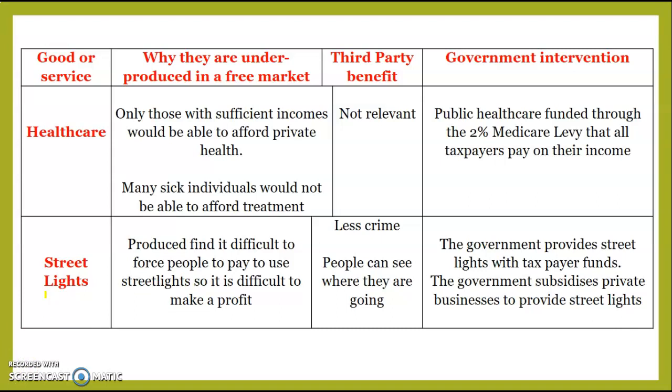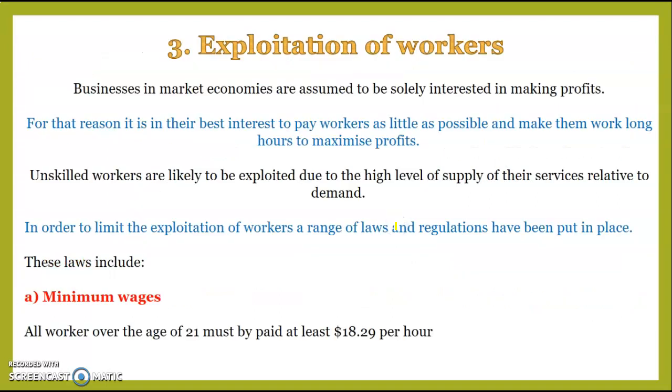So many sick individuals would not be able to afford treatment, and therefore they wouldn't get access. They would get a suboptimal level of healthcare. Streetlights are another example where there's benefits for society as a whole from less crime and things like that, so the government intervenes. But basically, positive externalities, products that have benefits for third parties.